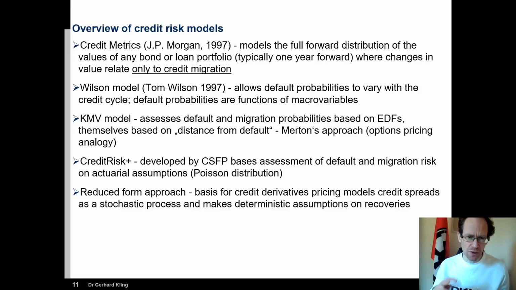And then there are alternative approaches which are just there to highlight where these things are going. Again, they focus on migration risk, like CreditRisk+, and then there are what you call reduced form approaches, which go very deep into stochastic processes and modeling.